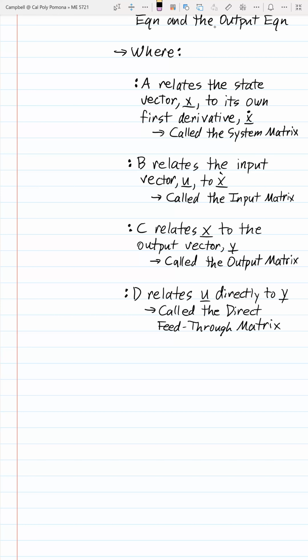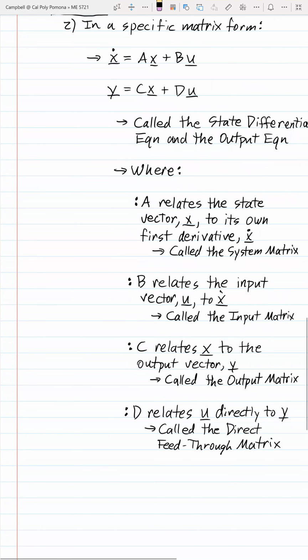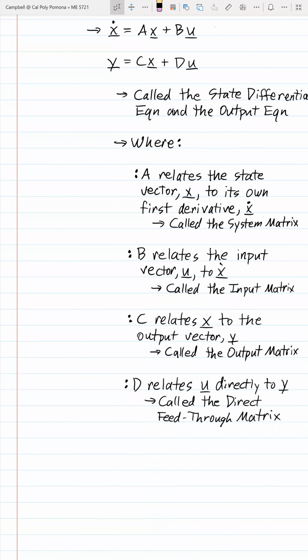So with that said, here's where things start getting interesting. First of all, you'll notice that I'm using lowercase letters specifically for the vectors.